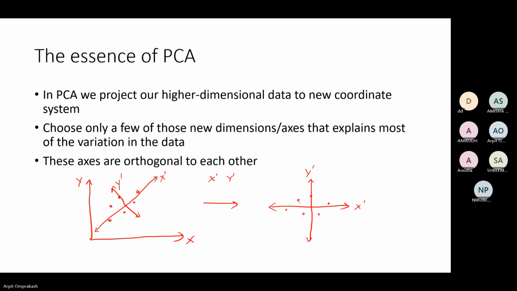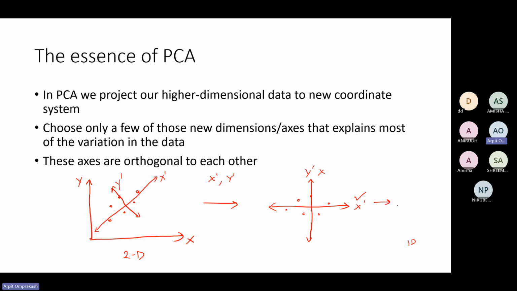So when you are doing a PCA, you map your dimensions, whatever dimensions there are, to a new space with the same number of dimensions that explains most of your variation. Now, let's say we were trying to reduce the dimension of this data set from 2D to 1D. Since this X prime axis explains most of the variation in our data, we can keep this and get rid of this.